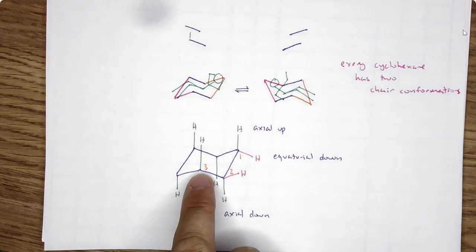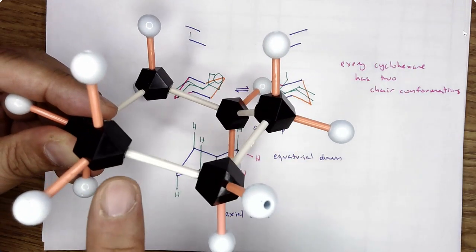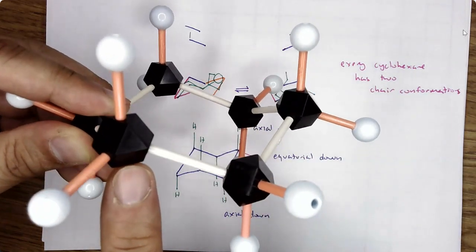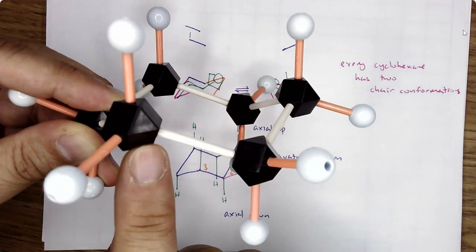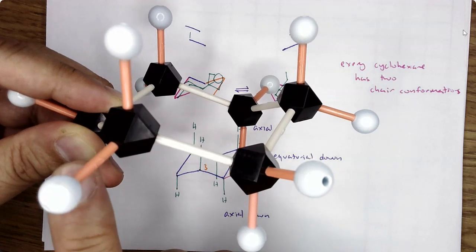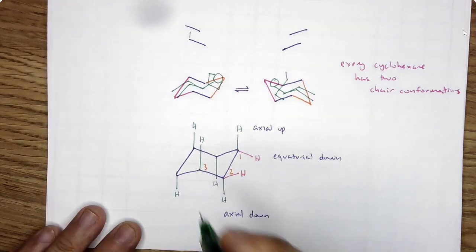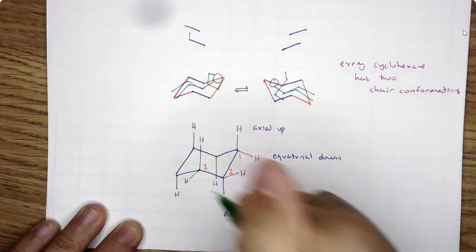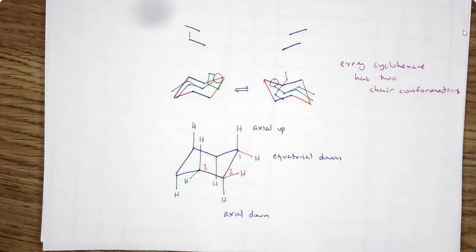So let's take a look at what that hydrogen equatorial is doing. It's right there. It's equatorial down, but do you see how, from our point of view, it's slightly to the left? Slightly to the left. Okay? What color should that be?